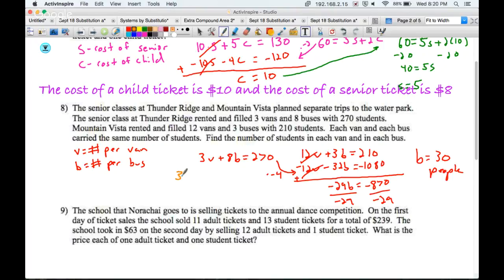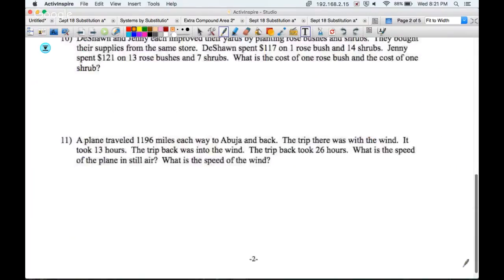We'll have 3V plus 8 times 30 equals 270. 3V plus 240 equals 270. 3V equals 30. V equals 10 people. So 30 and 10 actually seem like pretty round, easy numbers. Let's skip down to number 11.